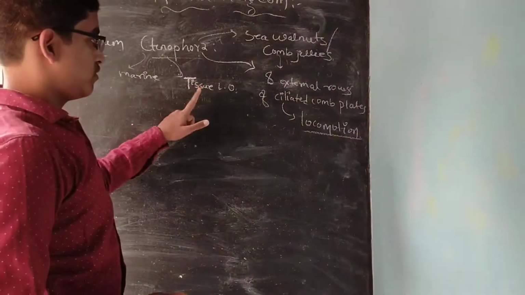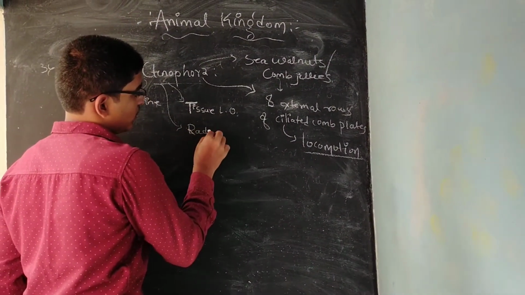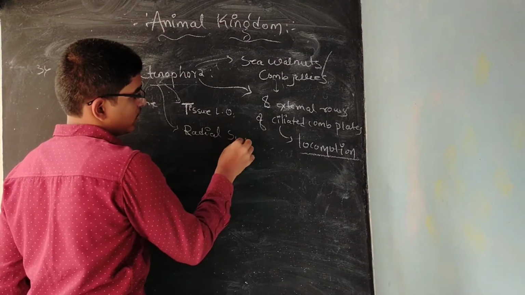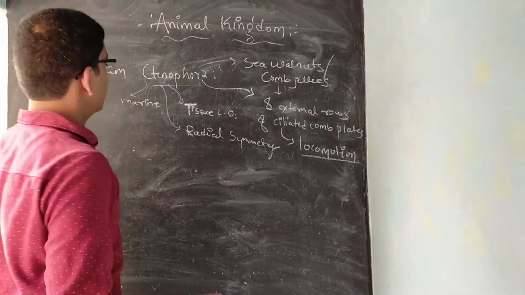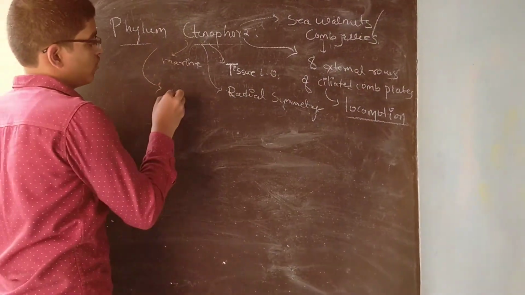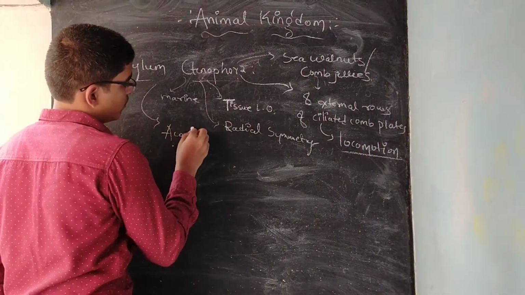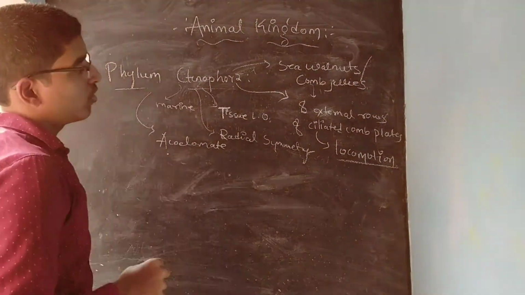So Ctenophora exhibit tissue level of organization. About symmetry, these are radially symmetrical. They are marine. Again these are also acoelomates because they don't have coelom, the body cavity between the body wall and gut wall.